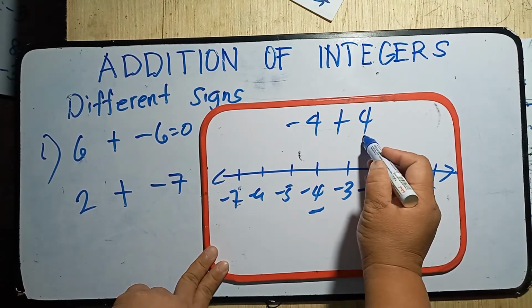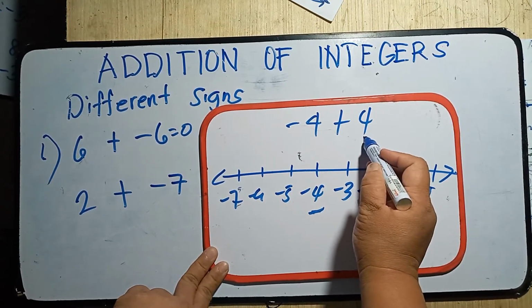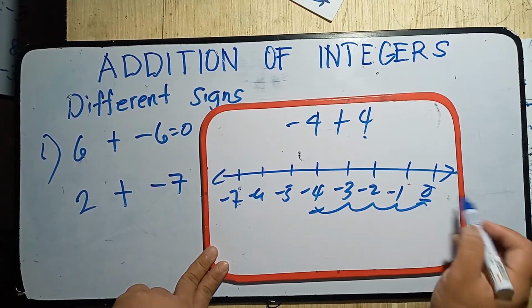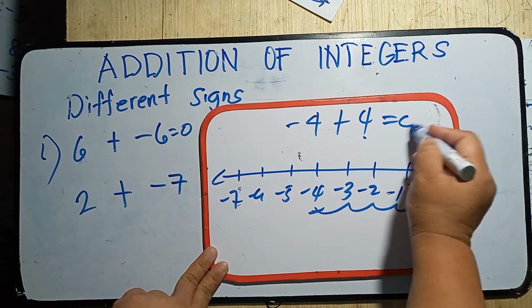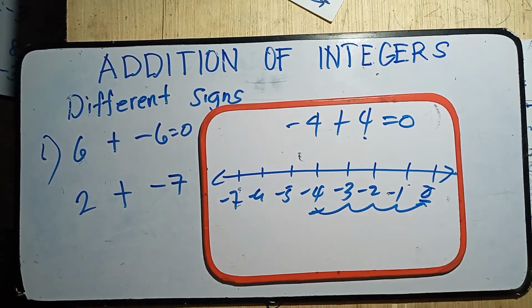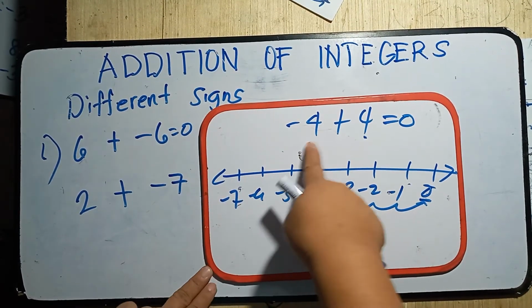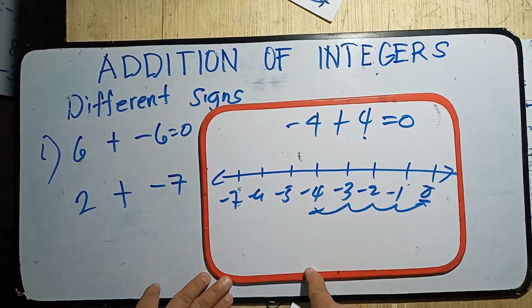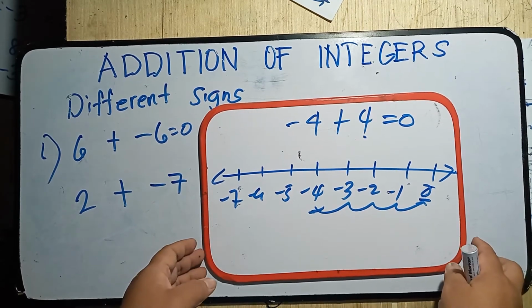Move to the right since it is positive. To the right, 4 units. 1, 2, 3, 4. So the answer is still 0. So from here, we can say that the sum of a number and its opposite is always 0. Okay, that is also called a zero pair.